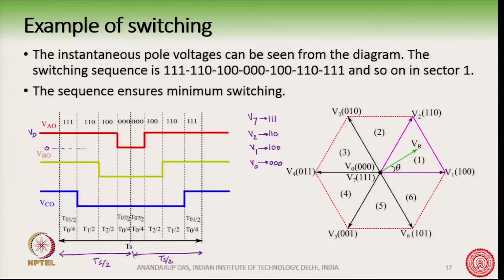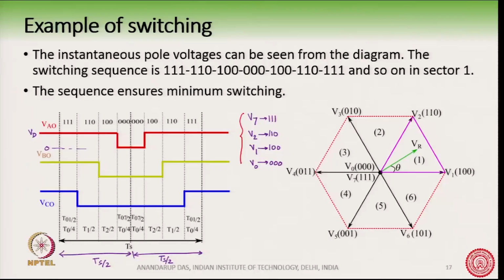Now, in one of the subdivisions Ts by 2, so this is the total time period Ts, and in one of the subdivisions Ts by 2 we can switch say V7, starting from V7 we can switch V7, V2, V1, V0.